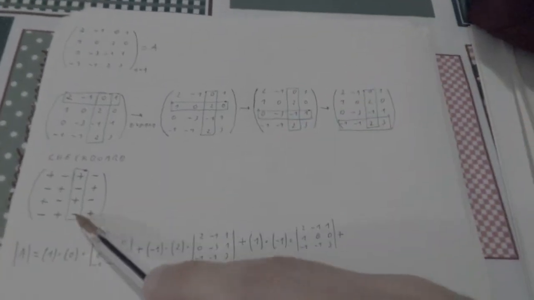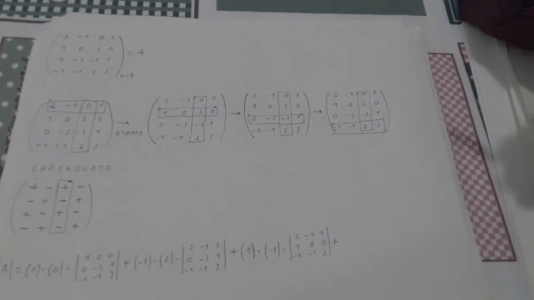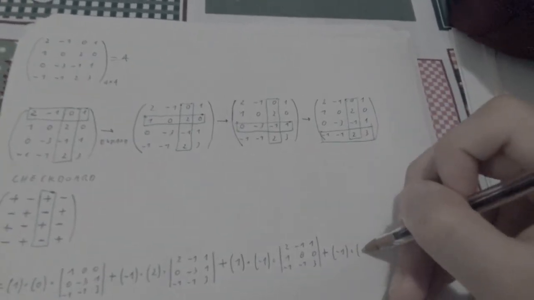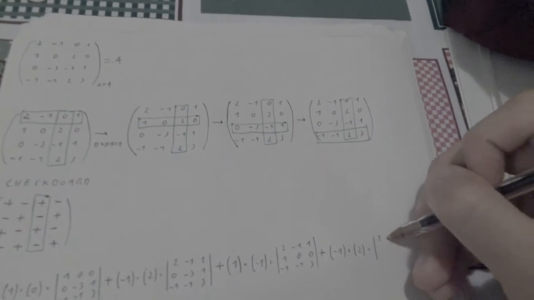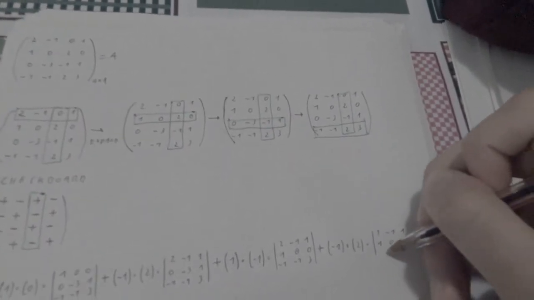We have a negative sign here, and therefore -1 times 2 times the determinant of the matrix that is left out: 2, -1, 1, 1, 0, 0, 0, -3, 1.